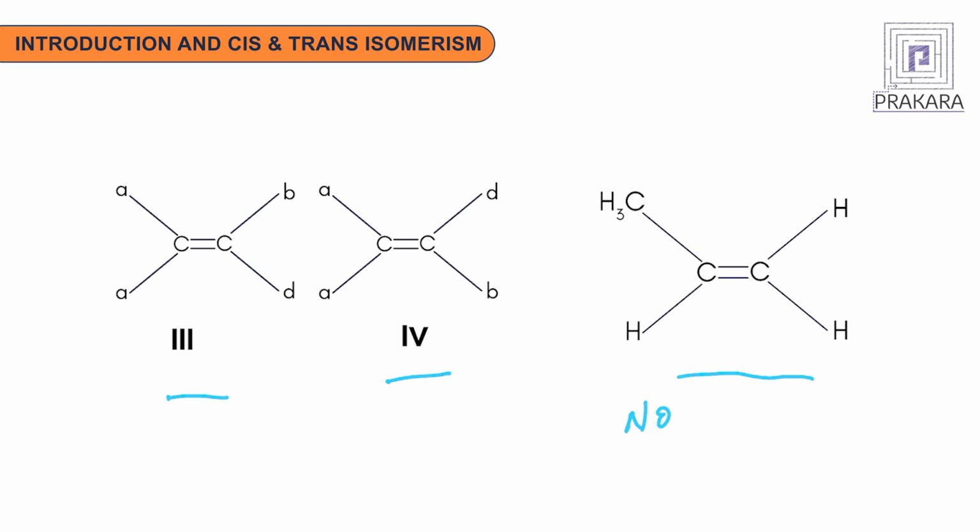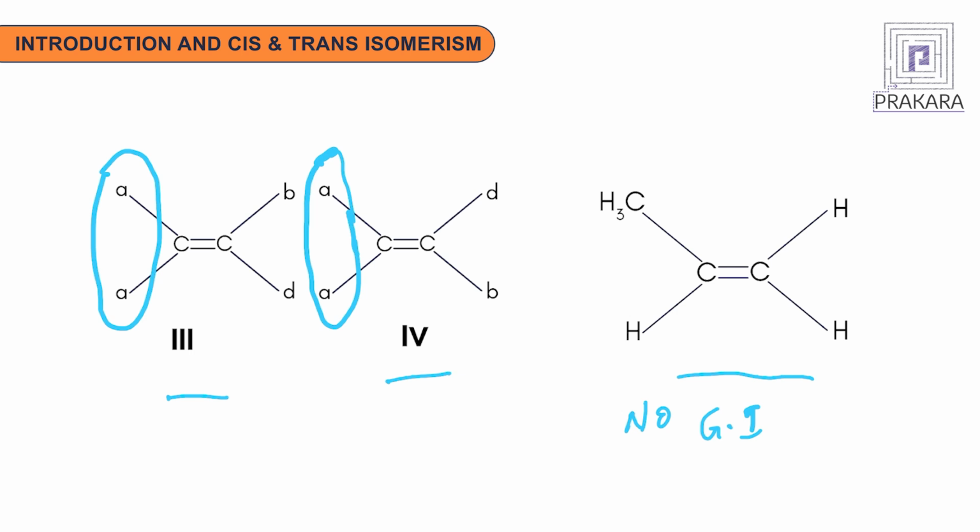If it has two same groups on one side and two same groups on the other, then in these examples the carbon atom has the same groups at a specific carbon. So no geometrical isomerism is possible for this.